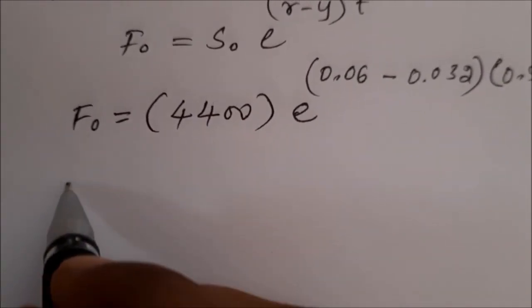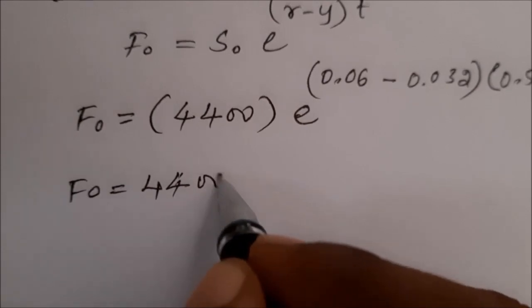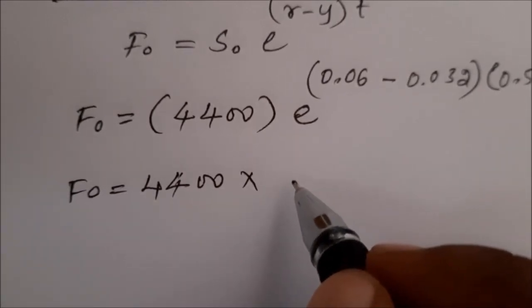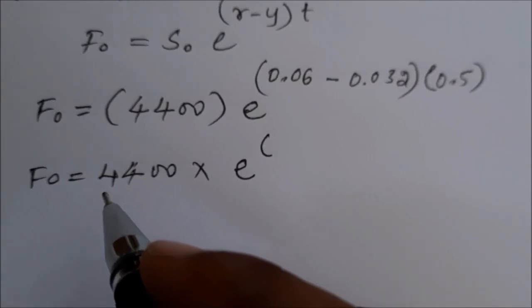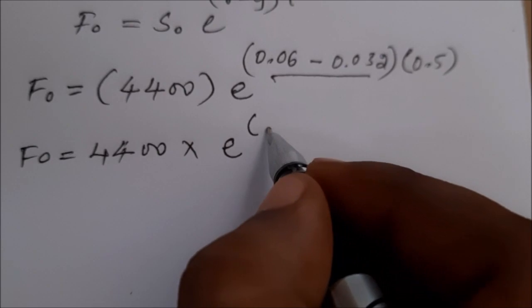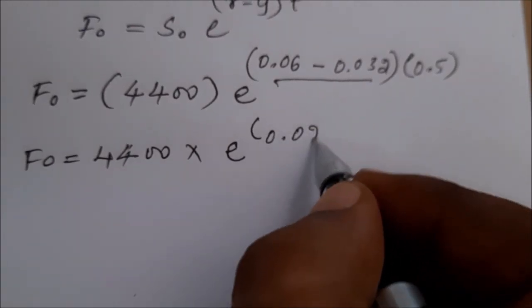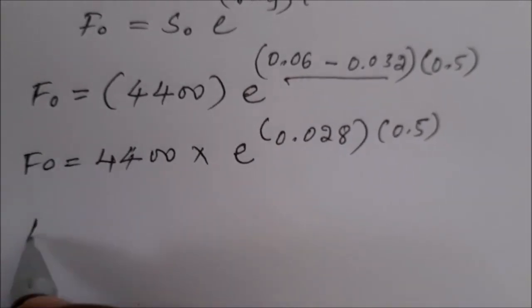So F naught is equal to 4,400 e to the power, write down after deducting 0.06 minus 0.032, you will get 0.028 into 0.5.